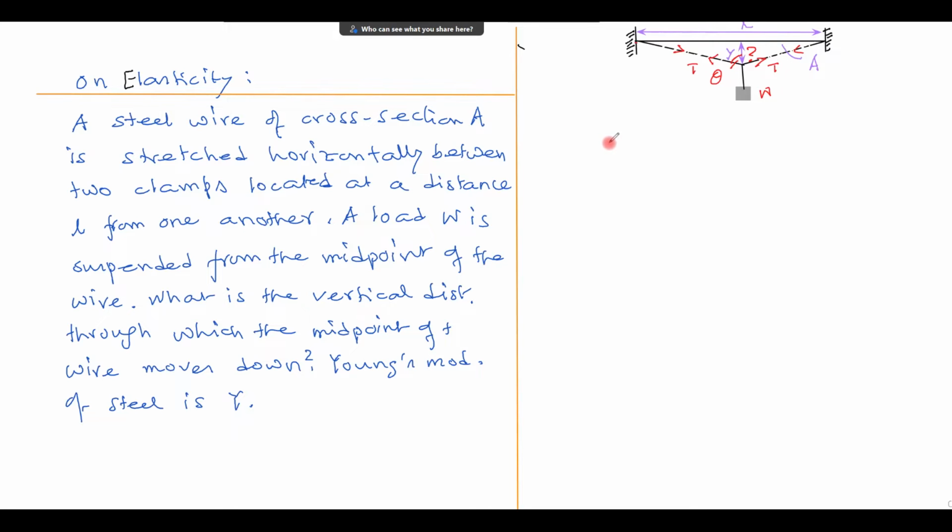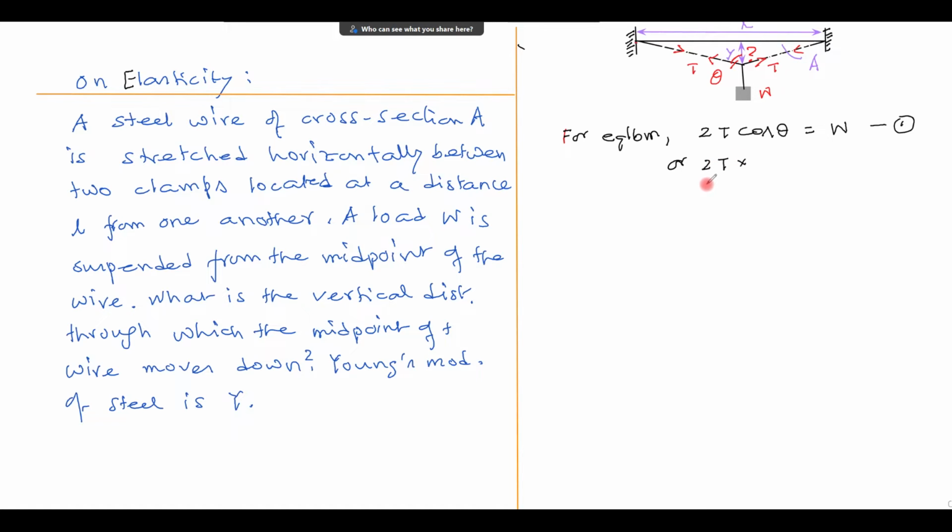So first we'll write all the equations that we can write for equilibrium of W. For equilibrium, 2T cos theta equal to W. Okay, number one.